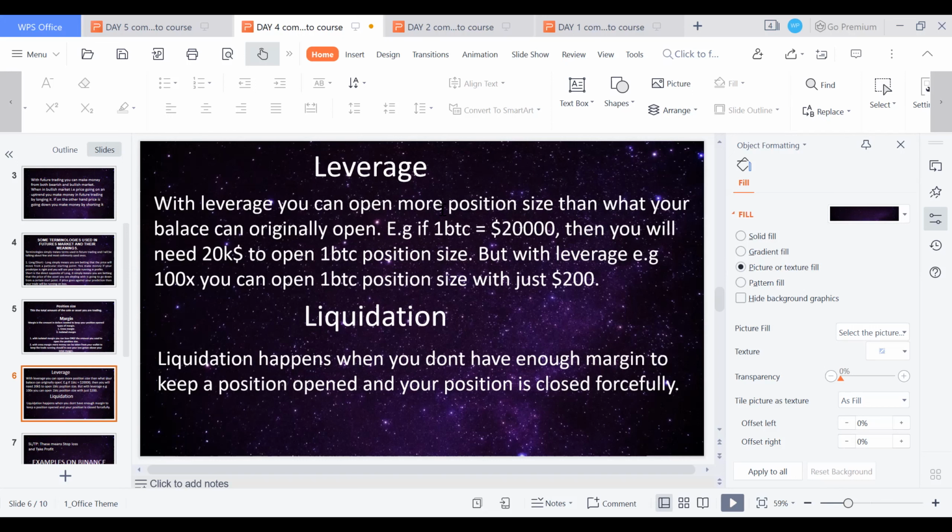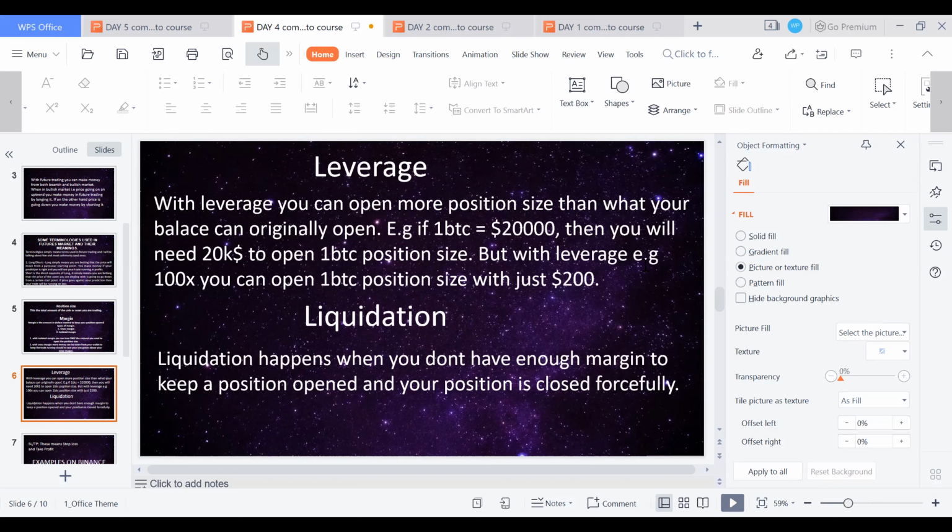Let me go again. With leverage, you can open more position size than what your balance can originally open. For example, if one Bitcoin is equal to $20,000, then you will need $20,000 to open one Bitcoin position size. If you want to long one BTC position size or short it, you must need one Bitcoin's worth, right, to open it.